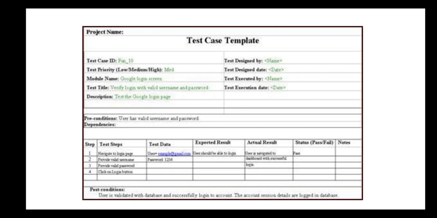Here they are mentioned: test case ID, test priority, then module name, test title, description, test designed by, design date, executed by, execution date, precondition, post conditions. And what are the dependencies? Means it is an actual bug report where you need to mention step number, what is the actual test step. Here you have seen the test step, that is the actual test case.